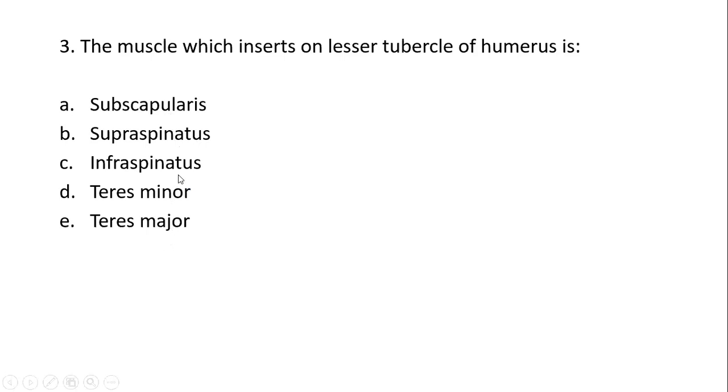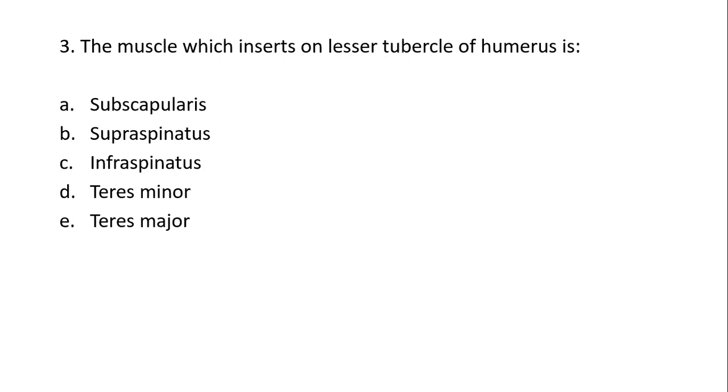Let's go with the exclusion strategy. Teres major does not get attached over any of the tuberosities of the humerus. Rather, it gets attached on the bicipital groove. Supraspinatus, infraspinatus, and teres minor, as well as subscapularis, they form the part of the SITS muscles, which also are known as rotator cuff muscles.